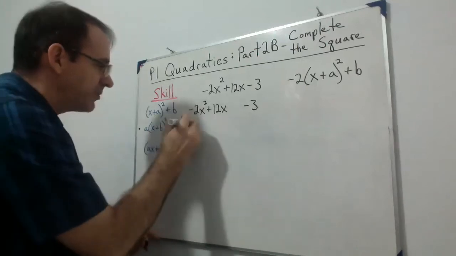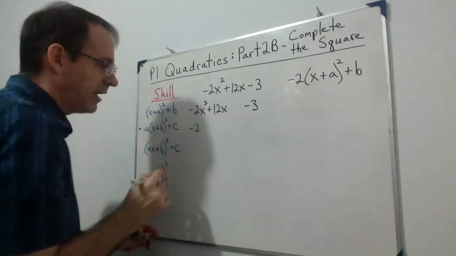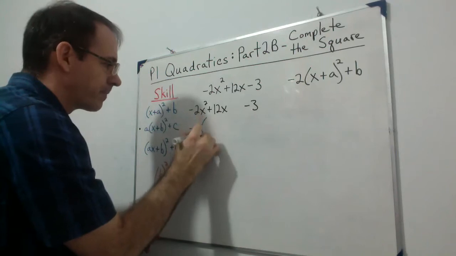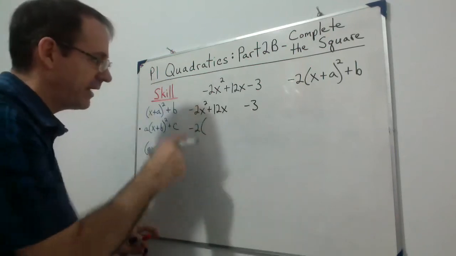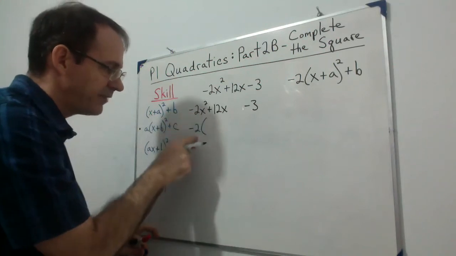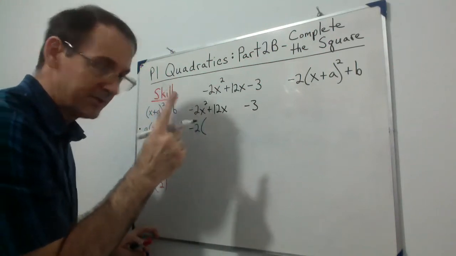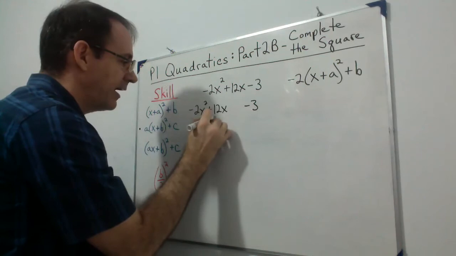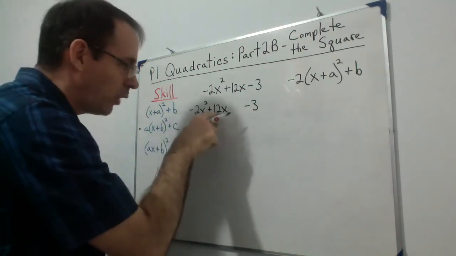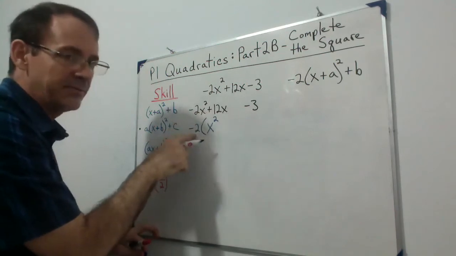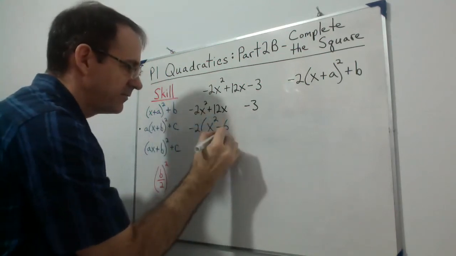We're going to factor out that -2 and put it in the front. And so now I put parentheses, but remember factoring is dividing. -2 divided by -2 is 1. So now we have our x squared with the 1 as the coefficient. That's what we want. Now we have 12 divided by -2 is -6.